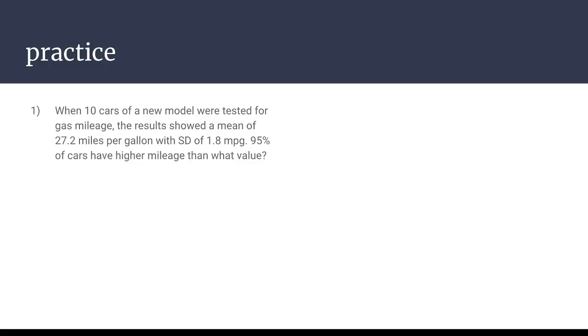So we express this with s. So it's 1.8 mpg. And then 95% of cars have higher mileages than what value? So let's just write this statement as a distribution. 95% have a higher mileage than what value? So it's going to be here, because we want this to be the 95%. So this is 0.95. That's our probability.